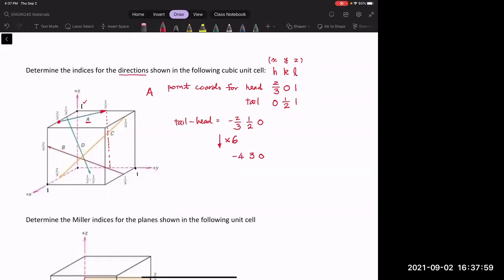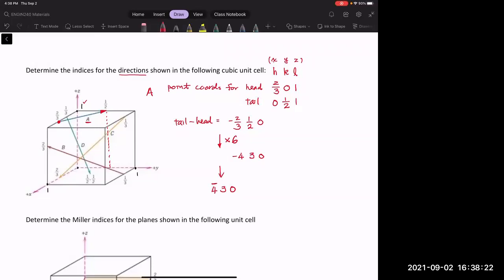If we have a negative number, we don't represent it like negative 4. We represent it as a 4 with a bar on top, and 3 and 0.